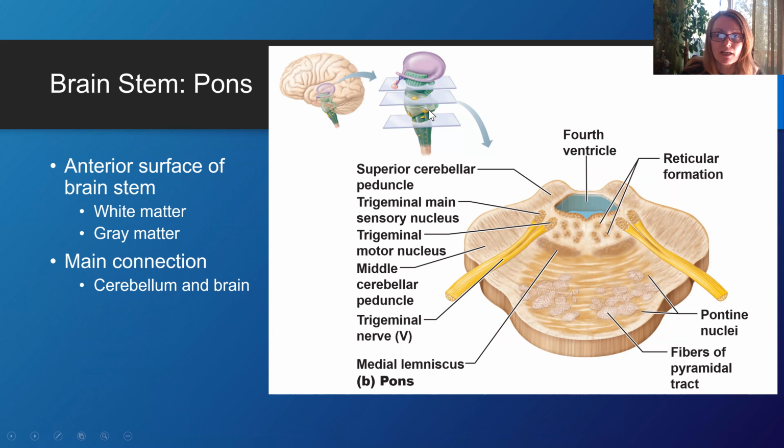However, both midbrain and medulla are connected to the cerebellum as well. But now what else can we see over here? So here you see the fourth ventricle. We didn't talk about ventricles yet, but you will see white matter, gray matter. Here's our reticular formation again, right?